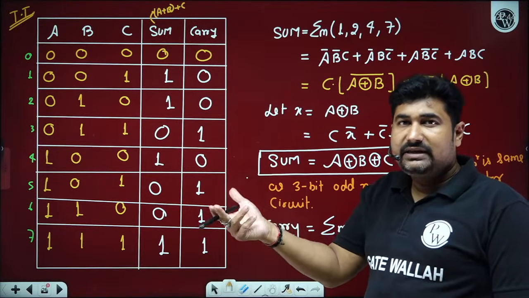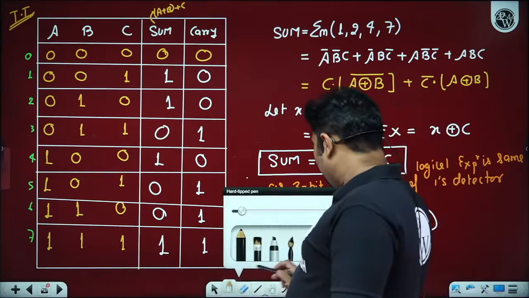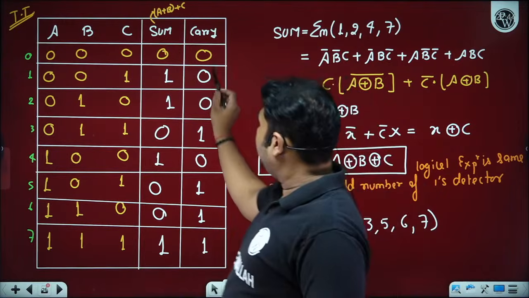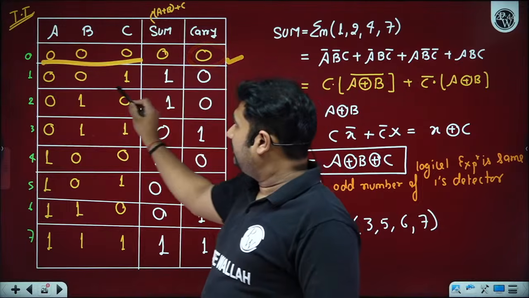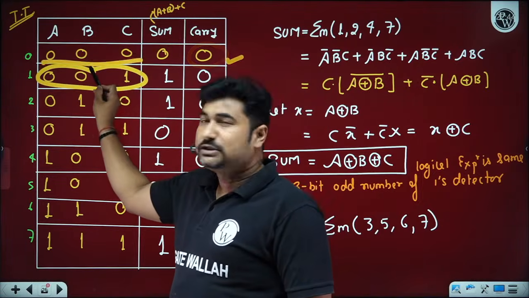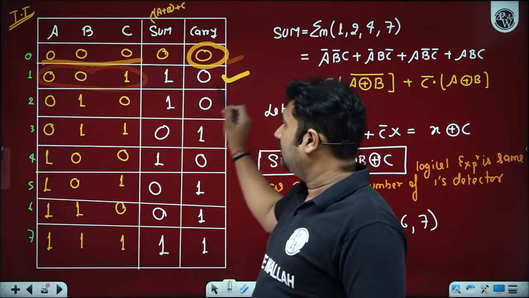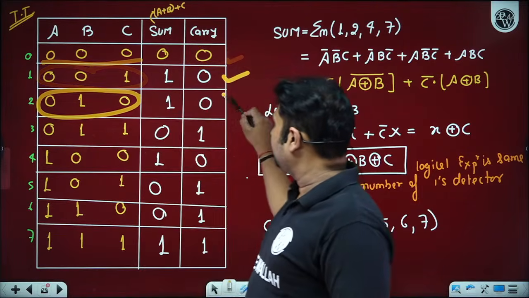When the majority bit is high, we will get high. So in the majority bit detector circuit, majority of 0, we get 0.